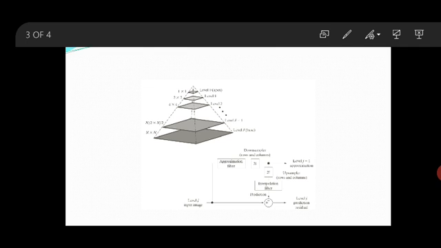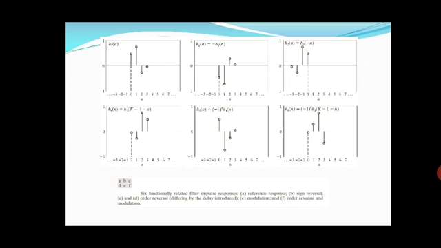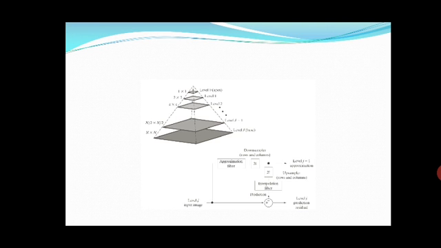Now it is marked in the form of a square box, and we take its histogram. When we draw the variation from high to low or low to high, it looks like a pyramid.